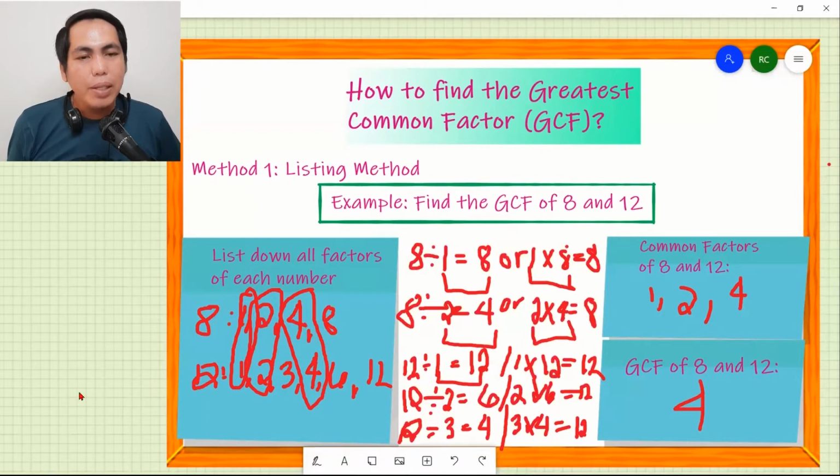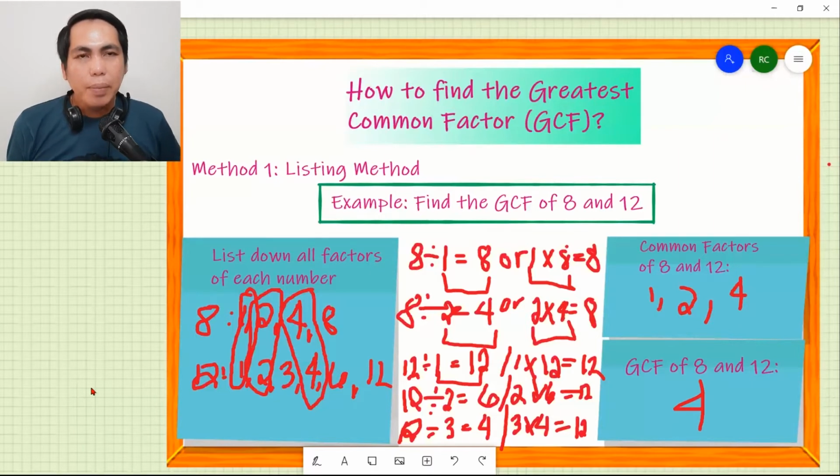Aside from the listing method, because the disadvantage of using the listing method is if we have bigger numbers. Why? We might miss out the factors of the given numbers, especially if the numbers are big enough for us to identify all the factors of the given number.